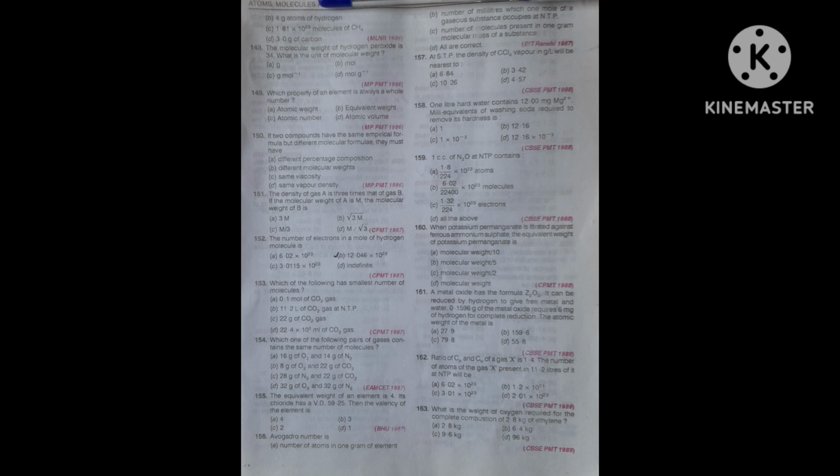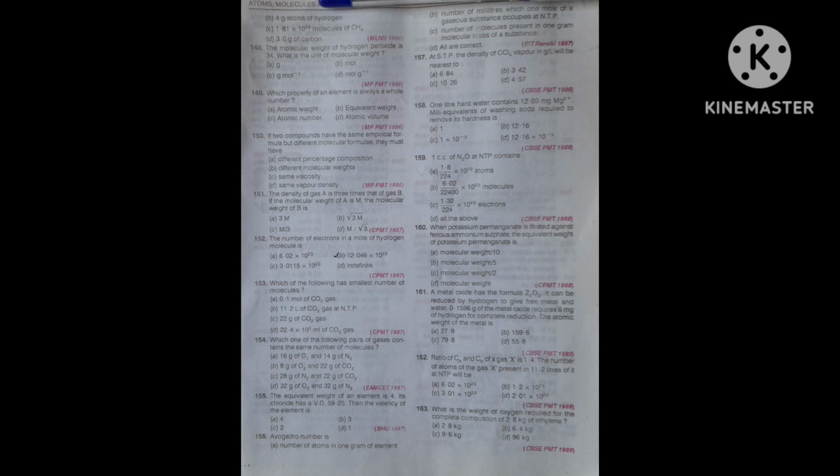The atomic weight of the metal is: first option 27.9, second option 159.6, third option 79.8, fourth option 55.8.